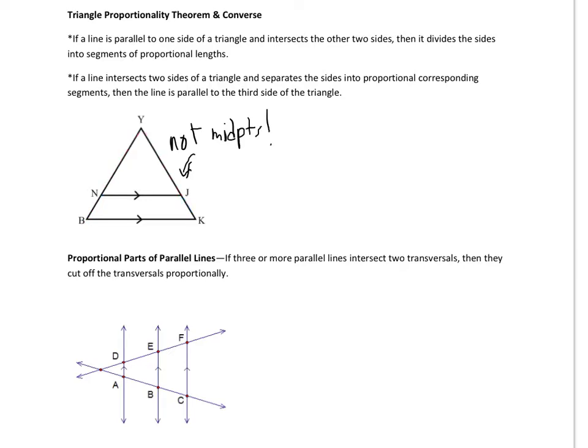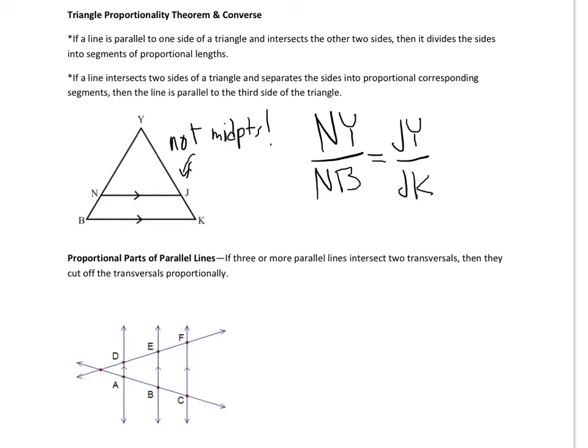So if I was going to set that up, I would say NY over NB. So the big one over the small one on the left side, the proportion of that is equal to the big one over the small one for that proportion on the right side. So once again, I'm not saying any of those particular ones are equal. I'm just saying that they're proportional.